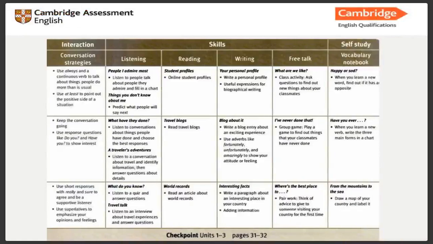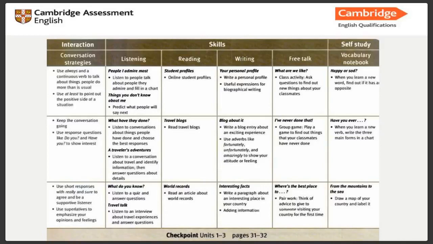On the facing page, you will see some further sections for each unit. The first of these is called Interaction and highlights conversation strategies to be used in a particular unit. The next 4 columns cover the 4 skills of listening, reading, writing, and speaking.